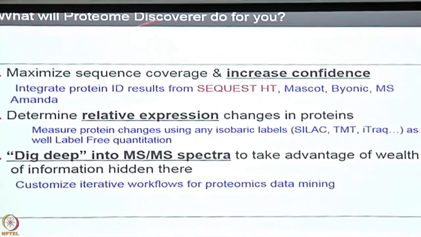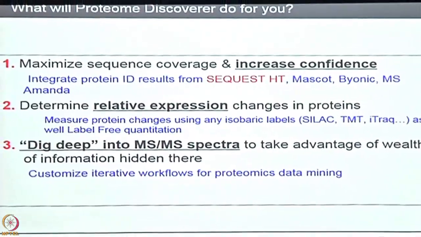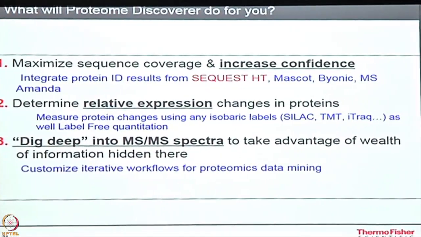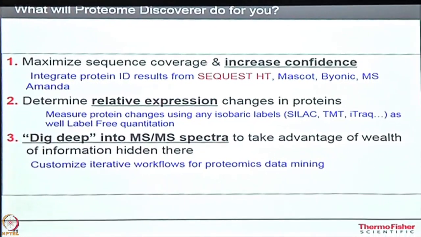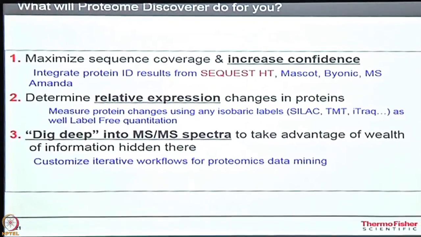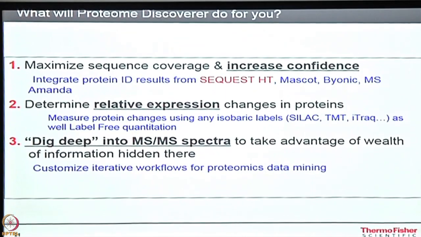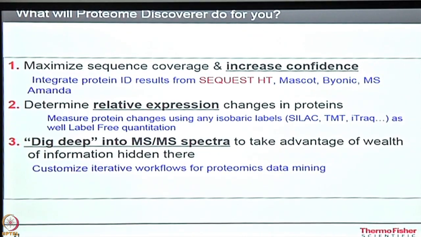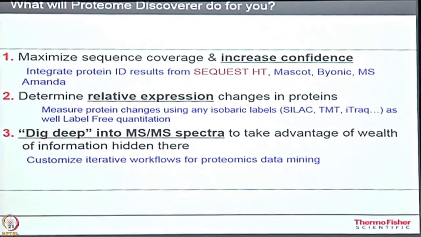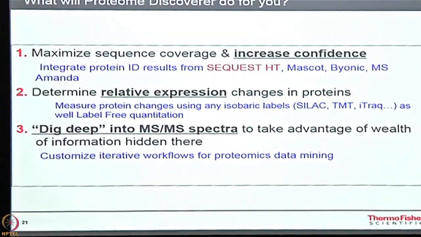It has different search engines like Sequest, Mascot, Byonic, and Amanda. Out of these, Sequest is freely available and comes integrated with Proteome Discoverer. Other search engines like Mascot or Byonic have to be purchased with a license.